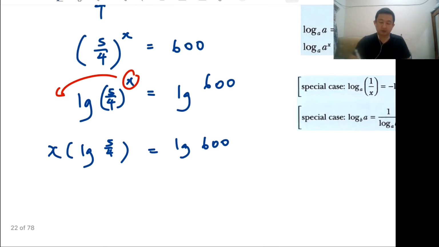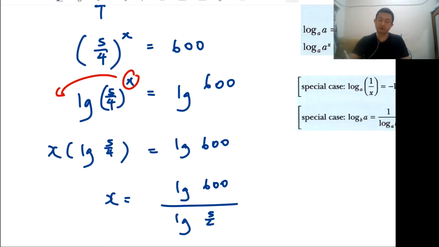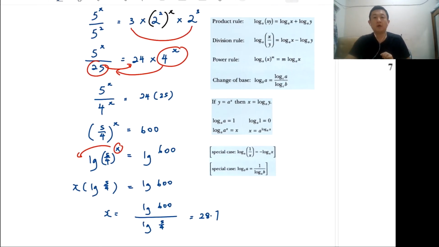Then x equals to LG 600 over LG 5 over 4. One decimal place, right? 28.7. Alright.